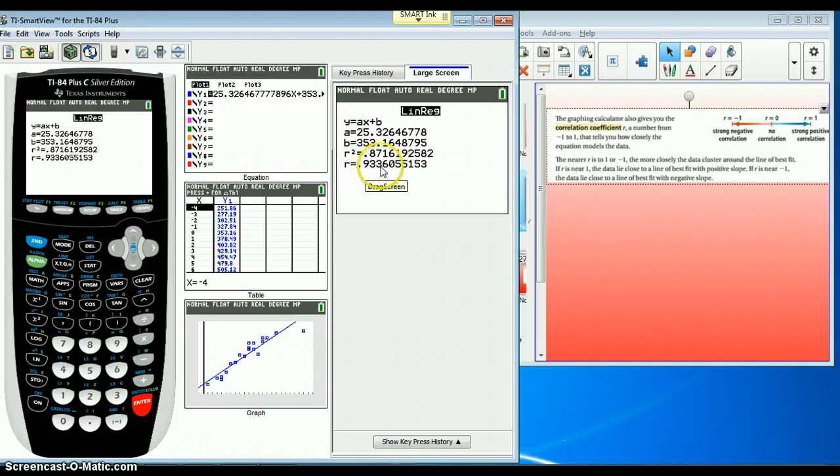That is a very strong correlation because it's close to +1. If it's close to -1, it would also be a strong correlation. A lot of times they're going to ask you what the correlation coefficient is, and if it determines that the line of best fit is a good fit for the points that you plotted on your calculator.